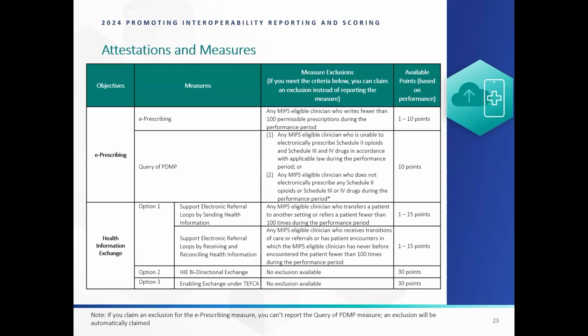And the third option is enabling exchange under TEFCA, which is 30 points. We're very excited about this measure and recommend people look into it. TEFCA was just launched in November, and so we're hoping that there will be clinicians who are engaged in TEFCA in 2024. Next slide, please.